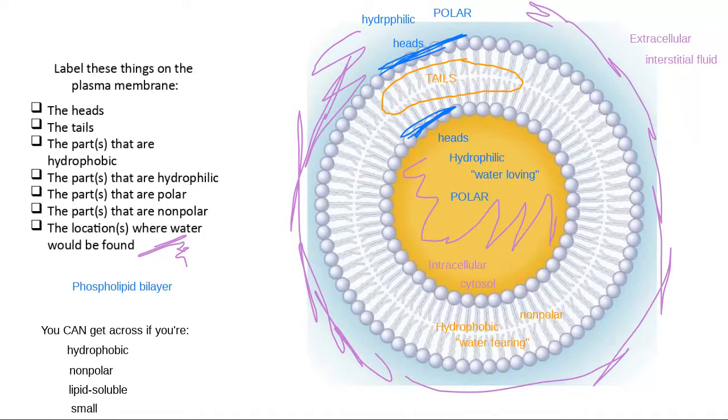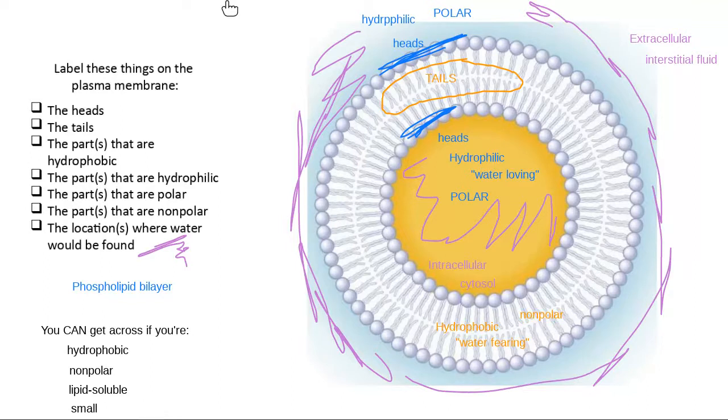If I tell you that something's really big, you know that it's not going to get across the membrane. So look for these keywords when you're working on that question. These are the things that tell you, yeah, that could sneak across the membrane. Doesn't matter what it is. If it fits this bill, it can sneak across the membrane. So make sure we're familiar with those things.